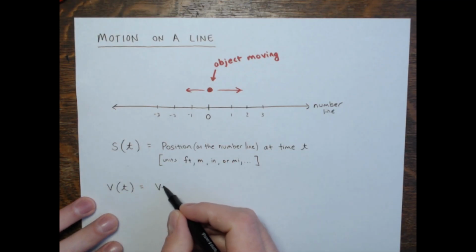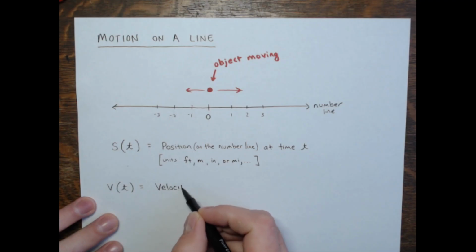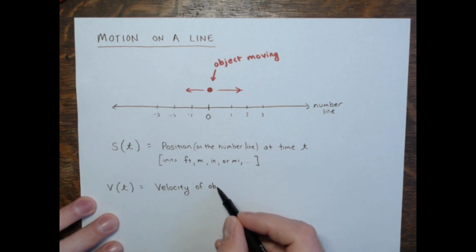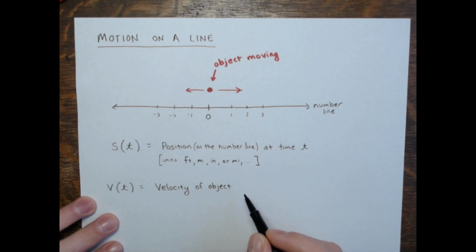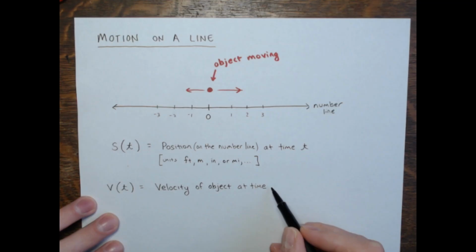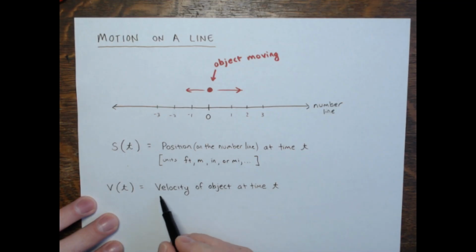So this is your velocity of the object at time t. So again, velocity here is how fast the object is moving.